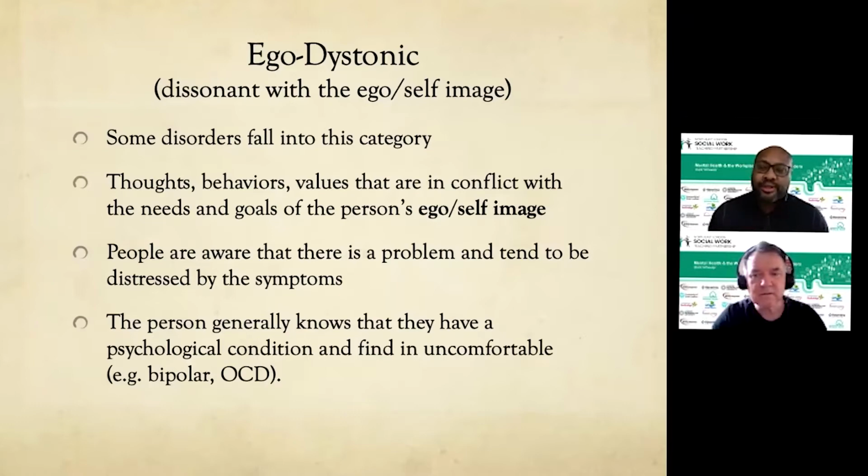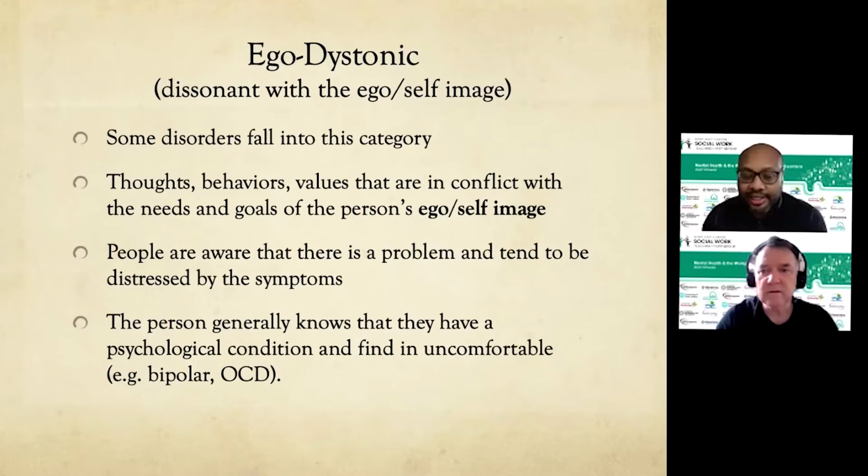So this is where we start to get anxiety reactions. If you recognize that something isn't the way that you want it to be, and you're not able to do something, you can become distressed. It can become bothersome, and that can lead to numerous other behaviors that accompany anxiety or distress. The last point is that the person generally knows that they have a psychological condition and finds it uncomfortable.